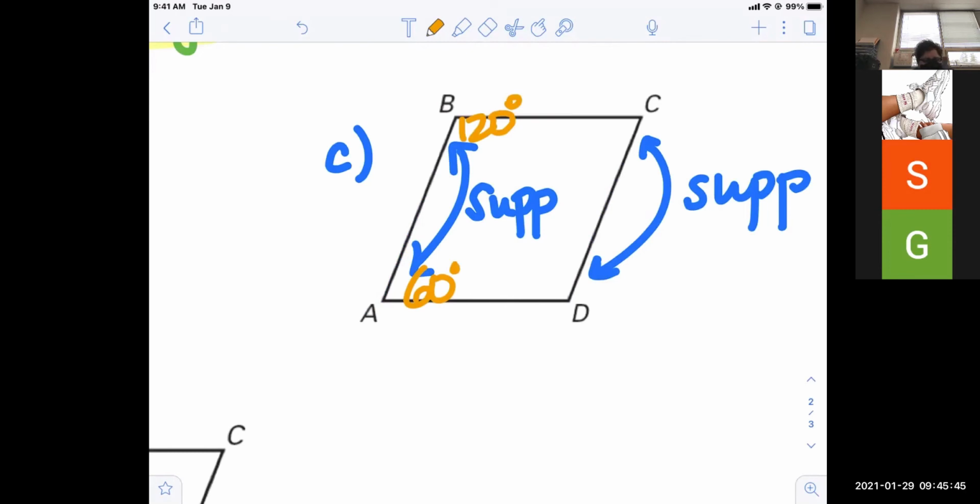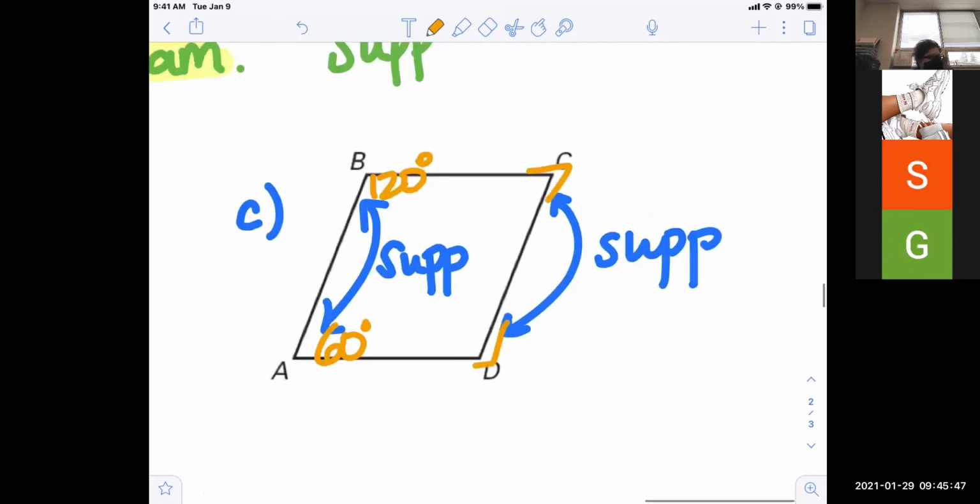Could I put different numbers over here and still have those angles supplementary? Yeah, so I could put like 100 here and 80 there, and those would still be supplementary. Because why? What kind of angles are these with the lines and the transversal? They're consecutive interiors, right? Which lines would that make parallel?